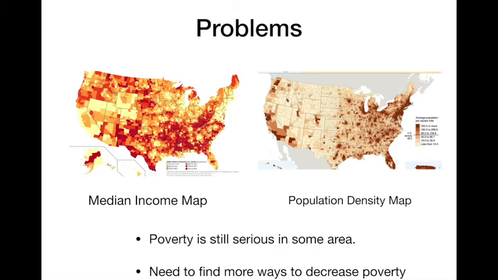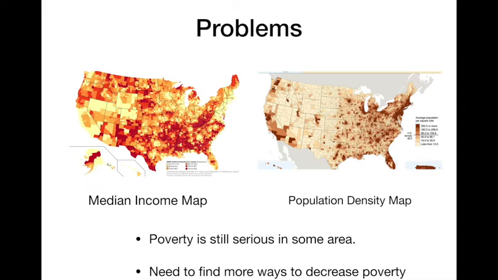Please look at the left map, the median income map. The dark area means there is low income, and the light area means there is higher income. And when we look at the right map, the darker place means there is a higher population density.